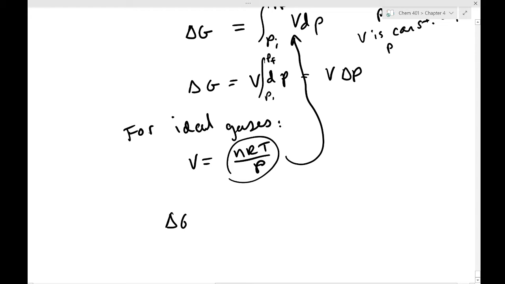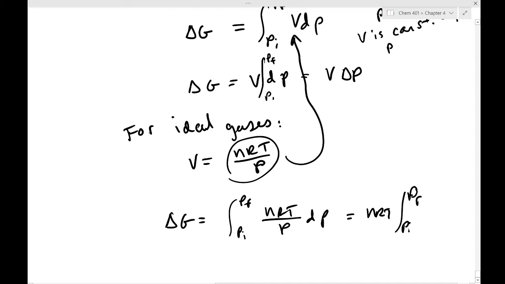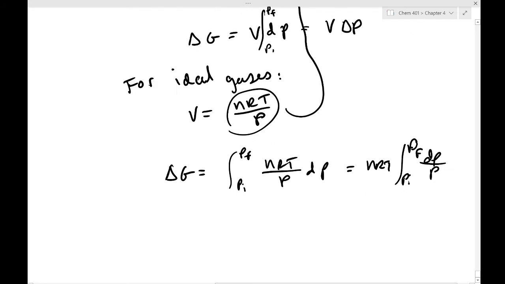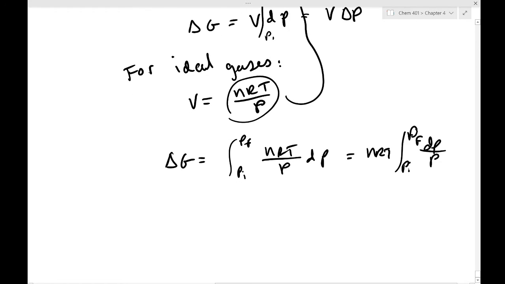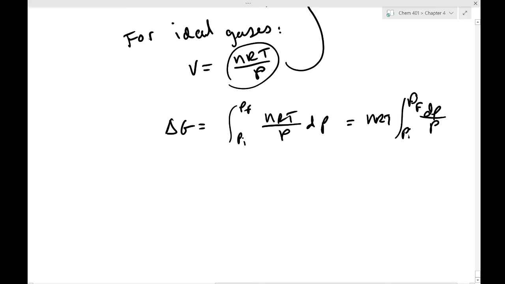So delta G is equal to the integral from Pi to Pf of nRT over P dP, which is equal to nRT times the integral from Pi to Pf of dP over P. Now the integral of 1 over P dP is the natural log. So this becomes delta G equal to nRT natural log of Pf over Pi.